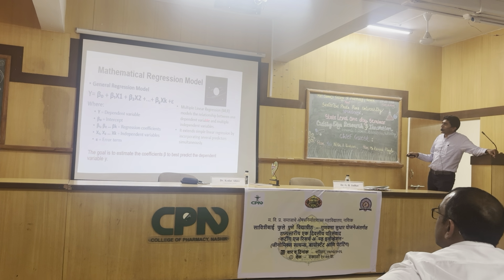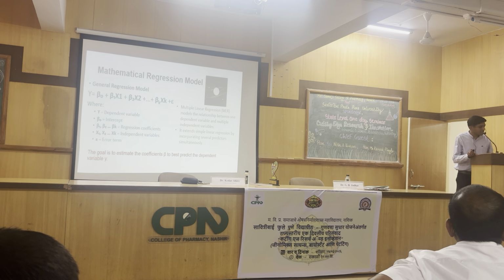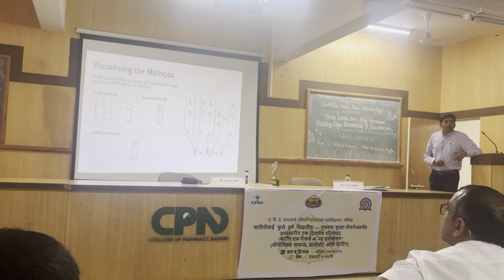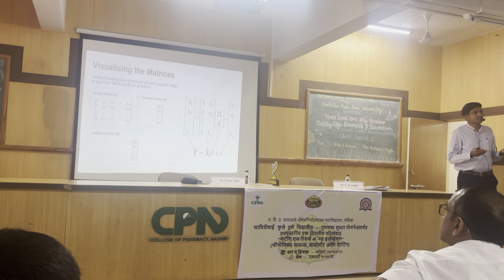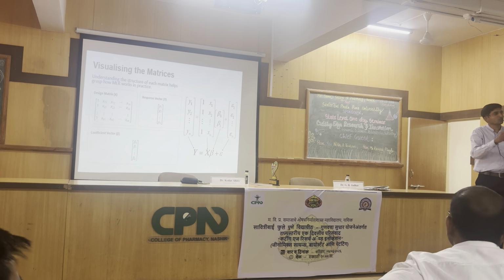So multiple linear regression models the relationship between one dependent variable and multiple independent variables. And it extends simple linear regression by incorporating several predictor variables simultaneously. So for doing simple linear regression, we use simple formulas like beta 1 is equal to summation of xy minus summation of x into summation of y divided by n, and so on.